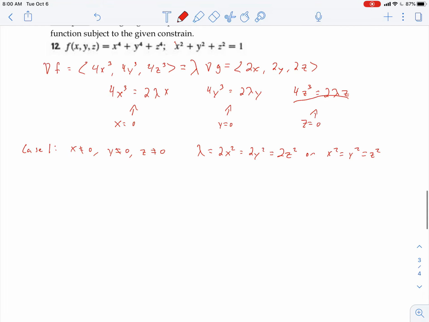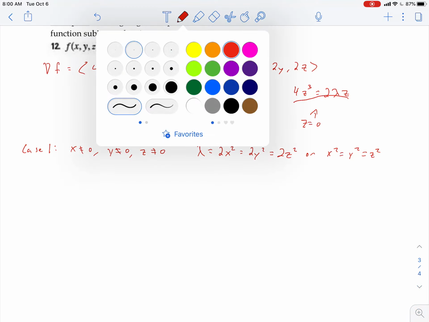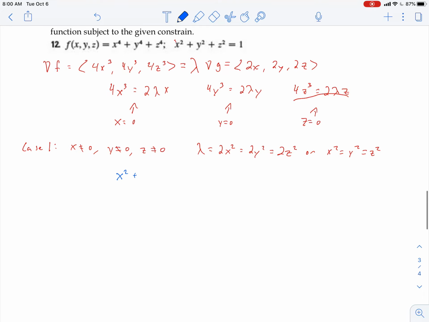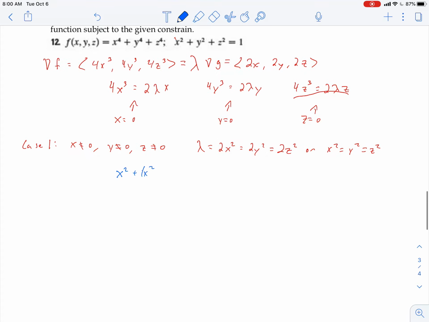But if all of those equal x squared, I could say x squared plus x squared plus z squared, which we're saying is equal to x squared. Base everything off of there. That's equal to 1, or we could say 3x squared is equal to 1.